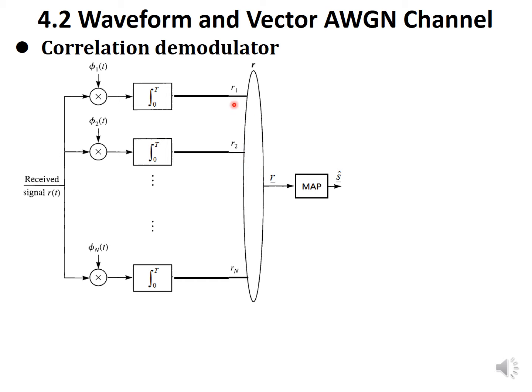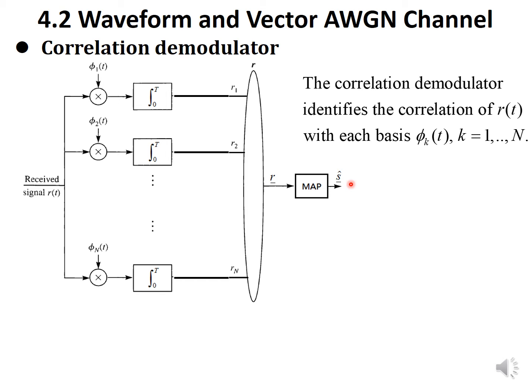Then together we have the vector r, and the vector r would be the input to the MAP detector. Then we have the estimate of s. This is the so-called correlation demodulator, which identifies the correlation of the received signal with each basis.